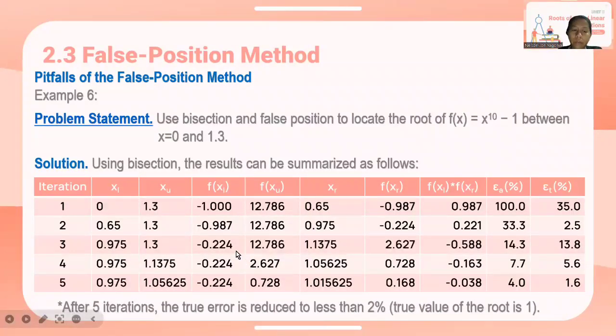So after the 5 iterations, the true error is reduced to less than 2%. The true value of the root is 1.